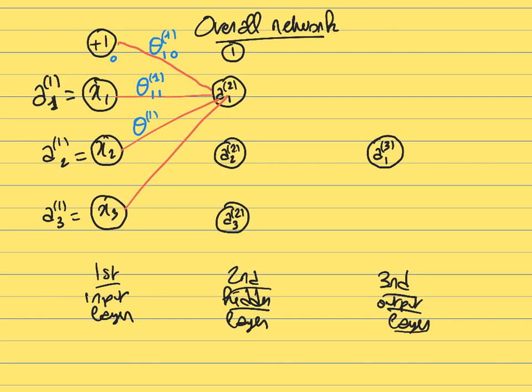It's connecting the neuron 2 in the first layer to the neuron 1 in the second layer. And let's do one last one. This one is going to be theta 1. It's connecting the neuron 3 in the first layer to the neuron 1 in the second layer.